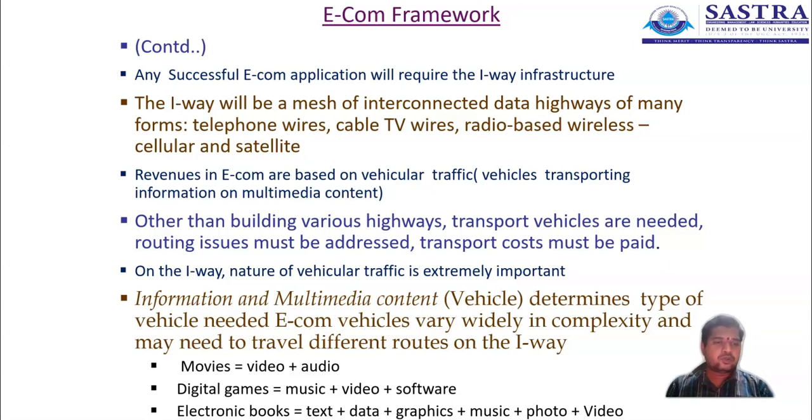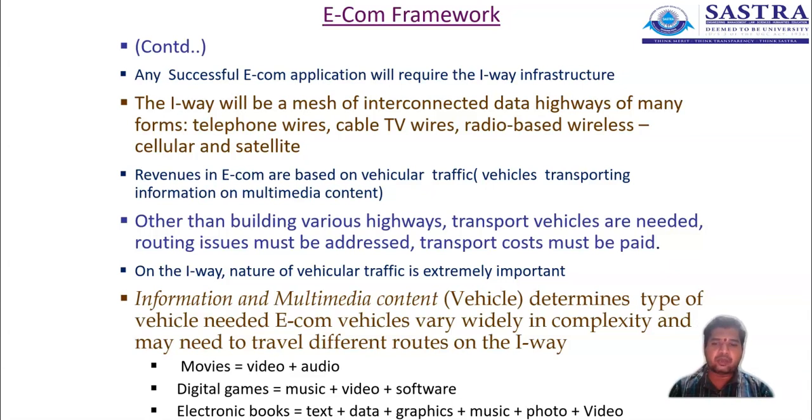We also want to reduce that cost by making effective decisions over those transportations. Other than building various highways, transport vehicles are needed, routing issues must be addressed, transport costs must be paid. On the highway, the nature of vehicular traffic is extremely important. We have to consider that. Information and multimedia content determine the type of vehicle needed for electronic commerce.